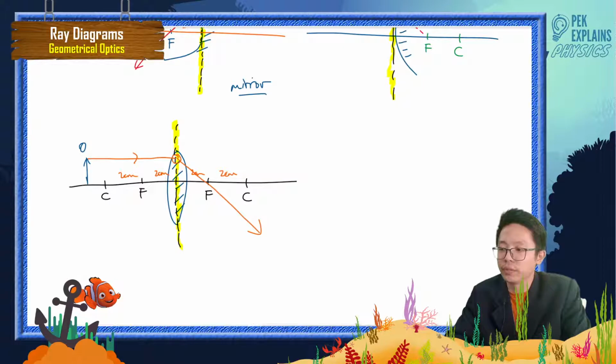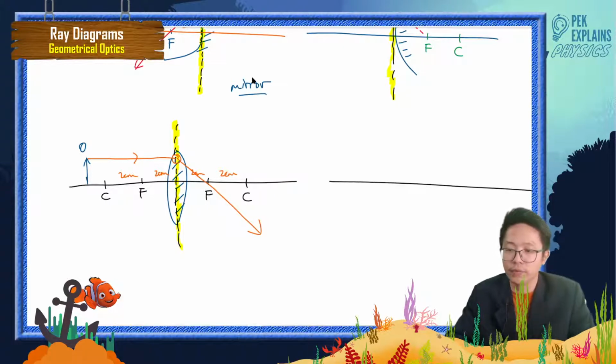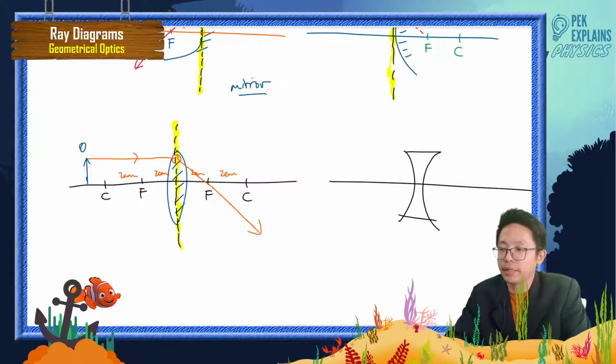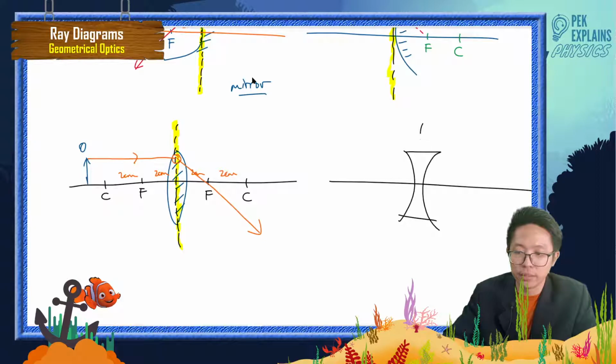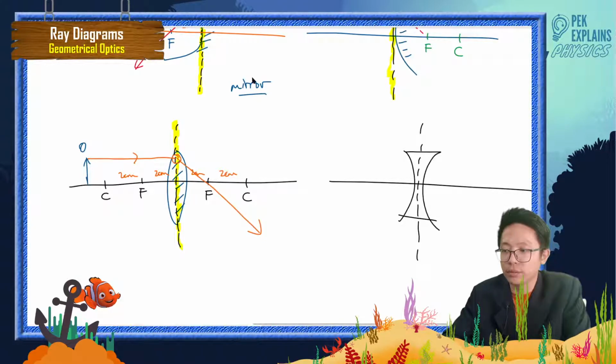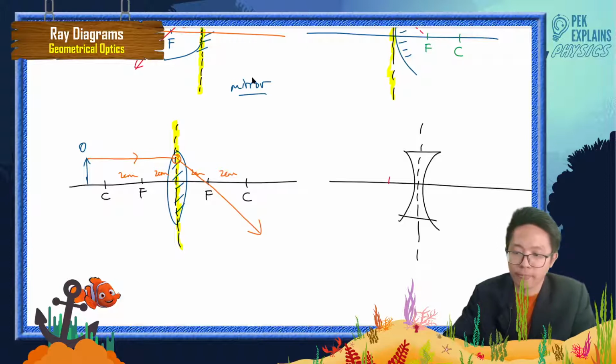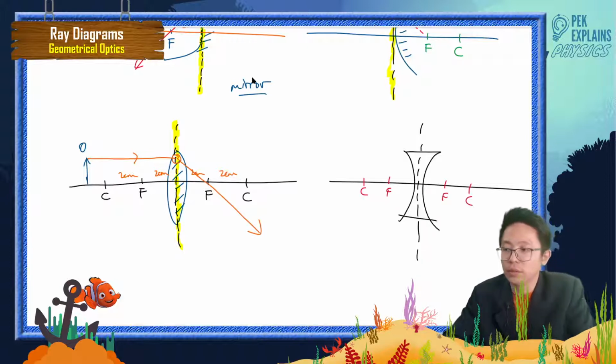For the concave lens, also use a straight line to represent, a straight line at the middle. The light comes in, and then diverges from the focal point.